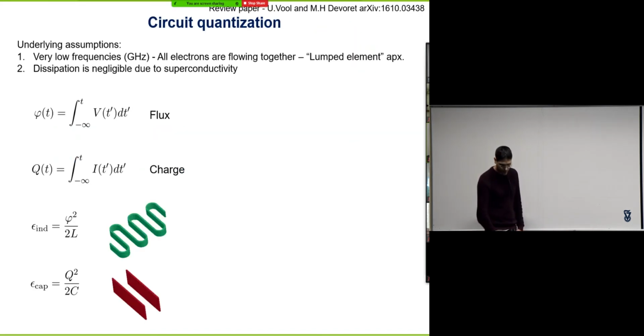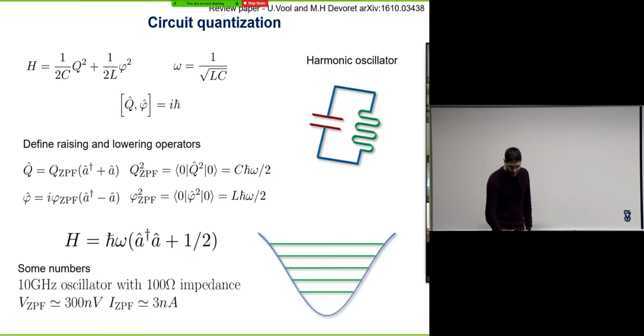I don't know. So we did this whole circuit quantization. We saw that a simple LC circuit gives us a harmonic oscillator. We even quantized it, and then we understood that the harmonic oscillator plays the same role as light in a cavity. So you can have a physical cavity or you can just have an LC oscillator. It plays the same thing. On the quantum level, it's simply light.